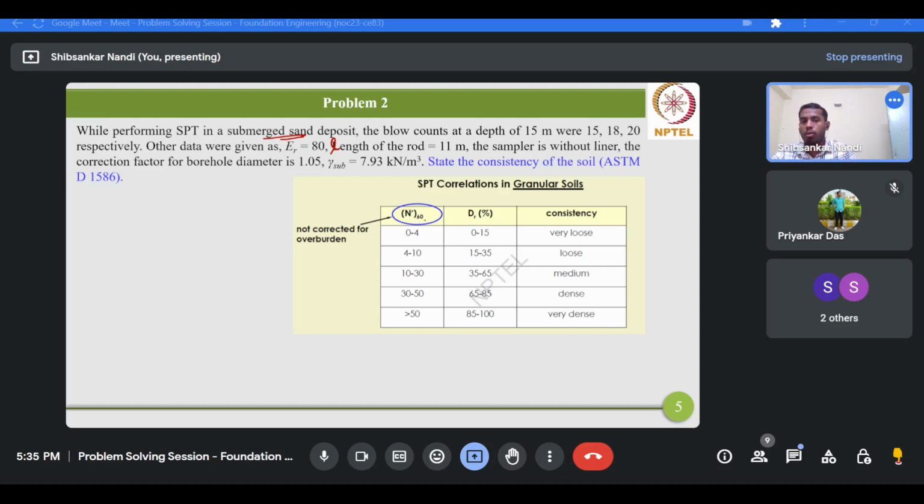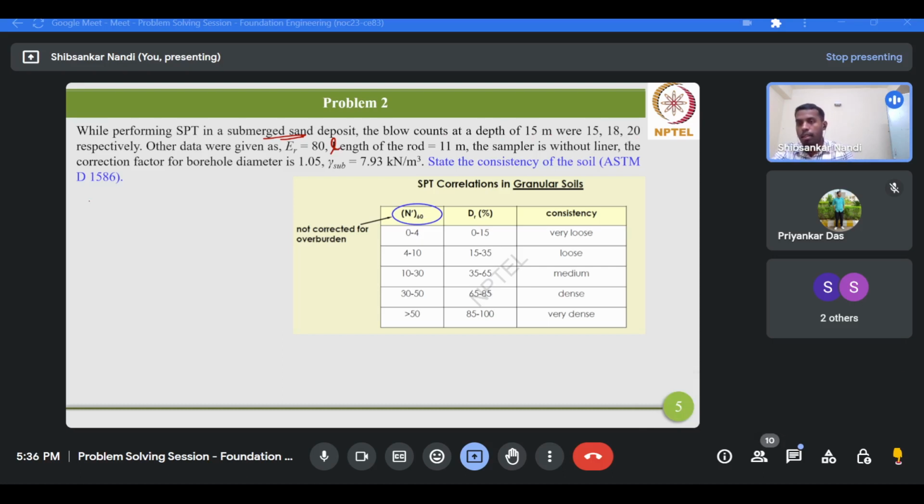Therefore we need to know the calculation of the N prime 60 value from the given data like the field SPT N blows, which is not directly given. Instead, the blow counts at a depth of 15 meter are given, like 15, 18, 20, for consecutive 150 mm penetration.